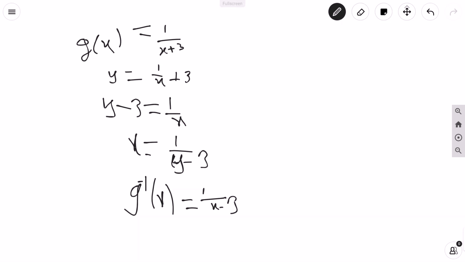Now for the last question, we'll just do another question after this. We're going to solve for f of x equals 3 into x minus 6.